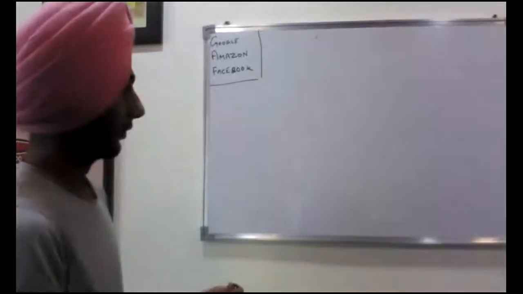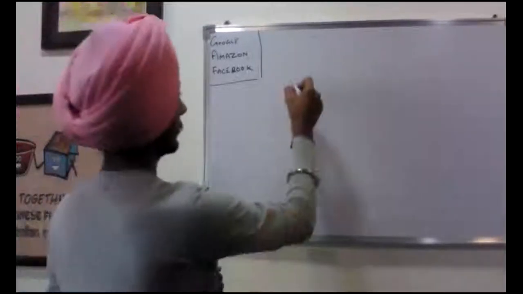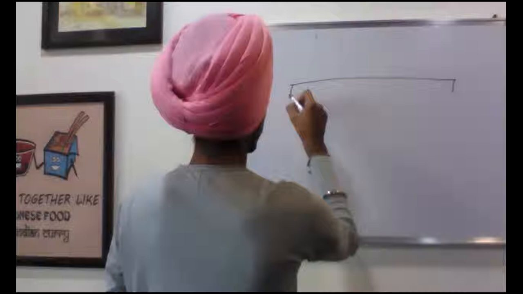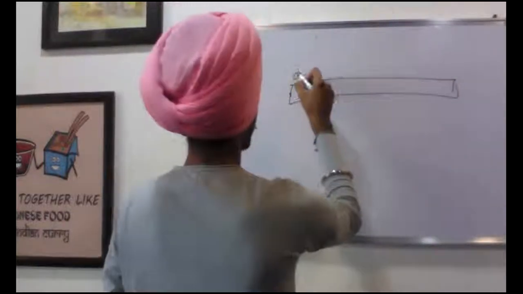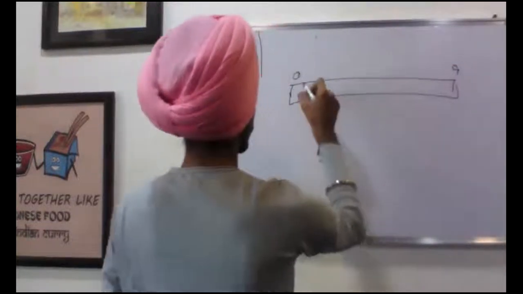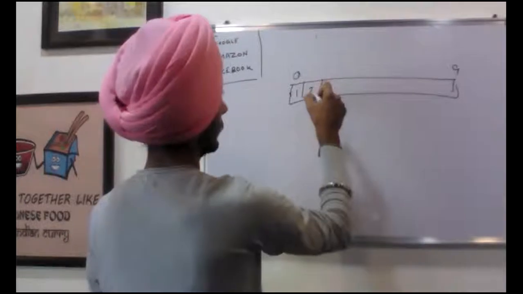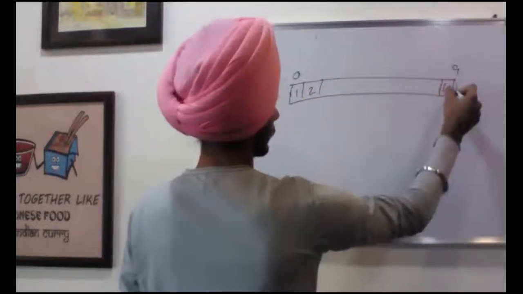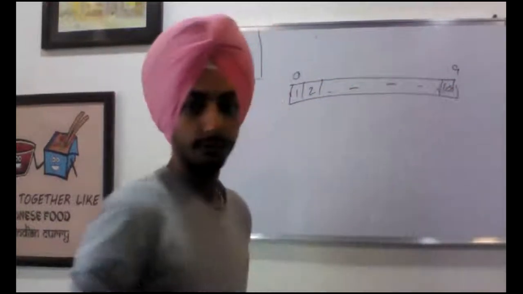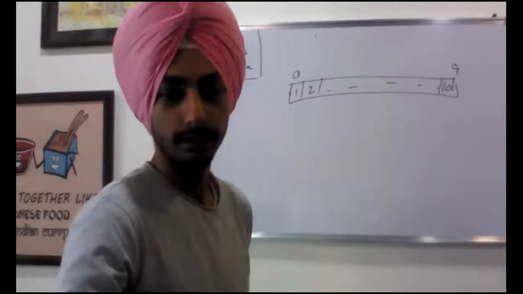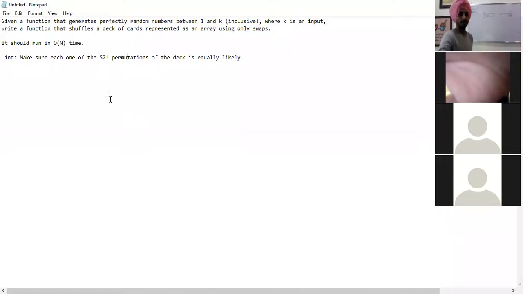With 10 numbers, suppose we have an array from index 0 to 9, and the initial values are 1, 2, 3, 4 till 10. The first line given in the question is: given a function that generates perfectly random numbers between 1 to k.